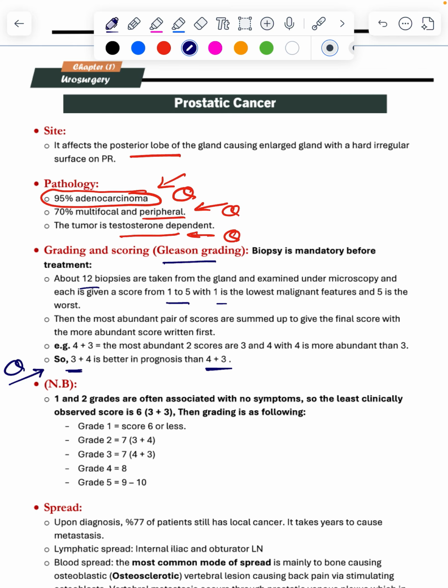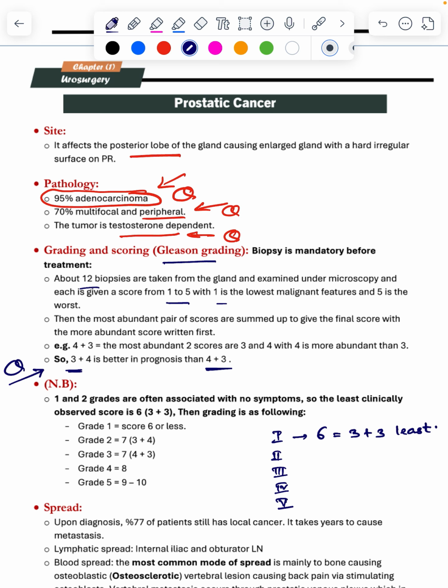Grades 1 to 2 are often given with no symptoms. The least clinically observed score is 6, which is 3 plus 3. It doesn't start from 0. Then 10 is the worst. Grade 1 is 6, then grades 2, 3, 4, 5.